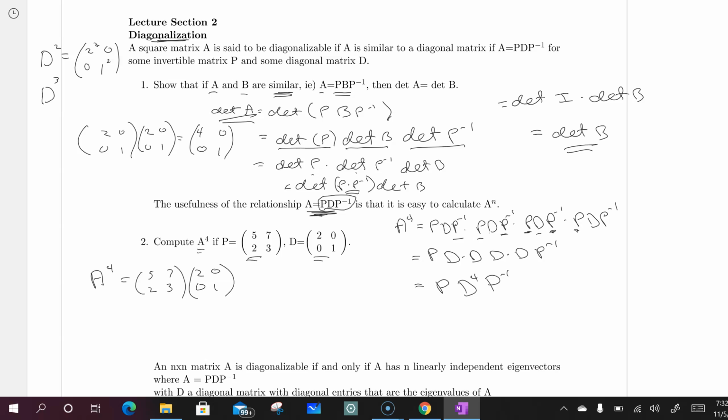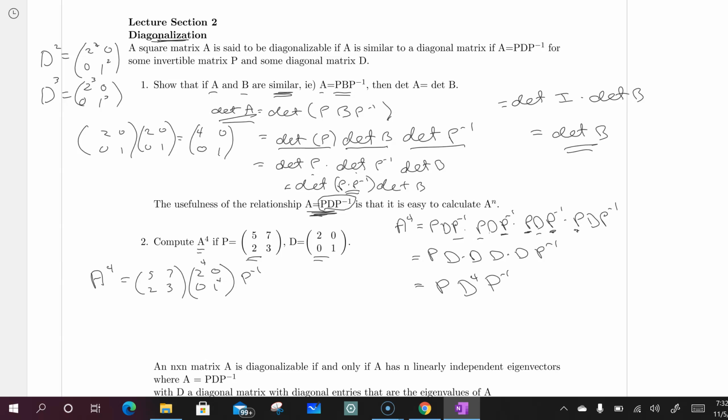I'm thinking you can probably figure out D cubed will be 2 cubed, 0, 0, 1 cubed. So what's D to the 4th? This to the 4th and this to the 4th. And then P inverse, and I didn't go figure out P inverse, so I'll just write P inverse here.